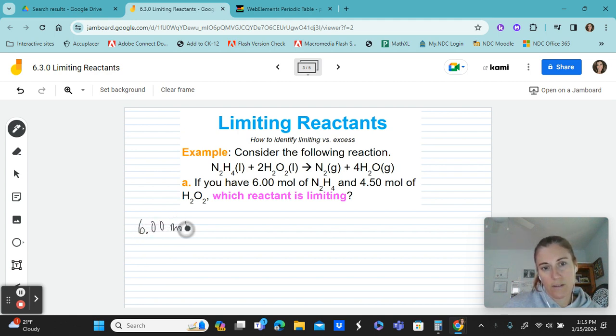So 6 moles of N2H4. I'm going to look for N2. I'm just doing a mole-mole ratio because I can answer that question. They're giving me moles and they're not asking me for a certain unit. So 6 moles of N2H4, we have a 1-to-1 ratio, so I don't even need to write this out really, but I will.